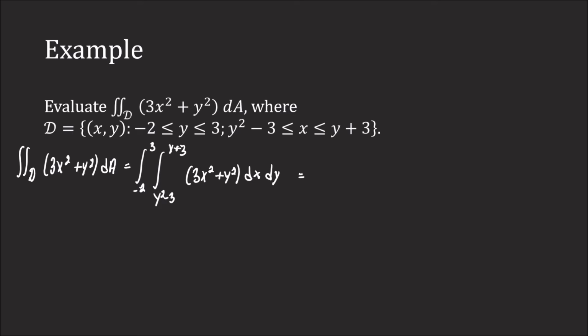So this will equal the integral from minus 2 to 3 of x cubed plus xy squared evaluated from y squared minus 3 to y plus 3.